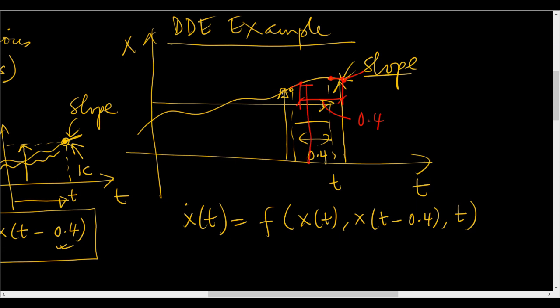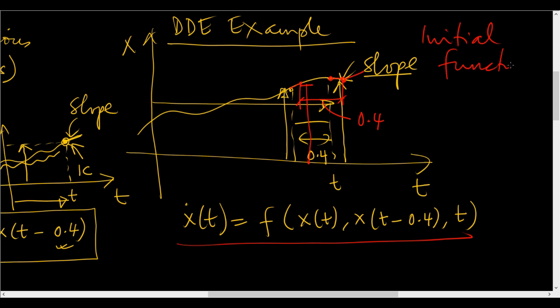And so the initial condition for this dynamical system is actually a function on an interval of length 0.4. Okay, so that's the first thing to notice. That is why it is infinite dimensional, because the initial condition is not a point, it is a function. So you need an initial function. This is one important point.